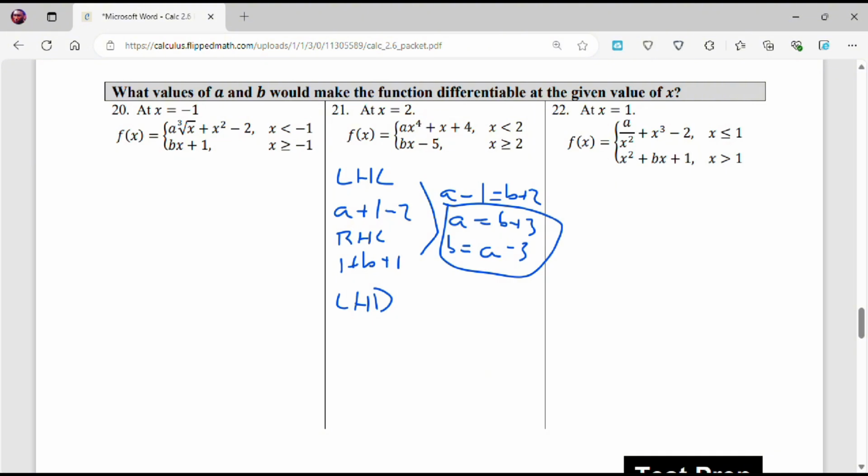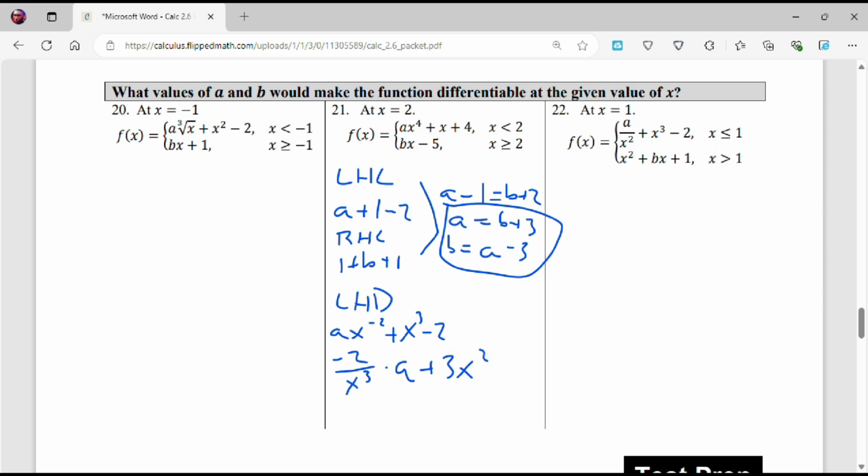Left-hand derivative. So again, A is a constant. We can rewrite 1 over x squared as x to the negative 2. We can power rule, right? So the negative 2 comes in front. Negative 2 minus 1 is negative 3. But we can just simply rewrite it as negative 2 over x cubed times A, plus 3x squared.